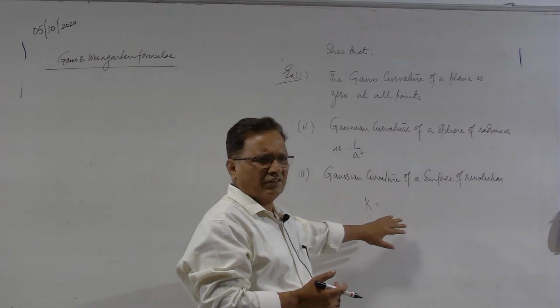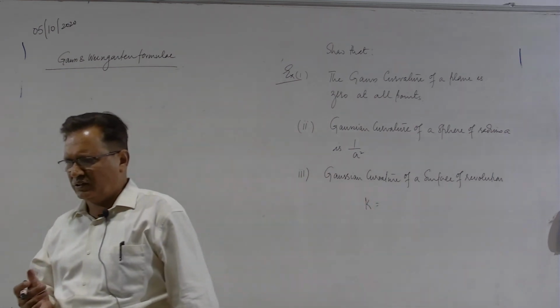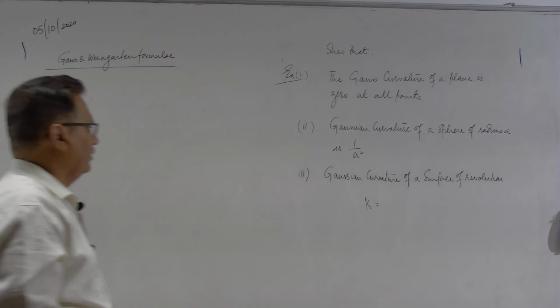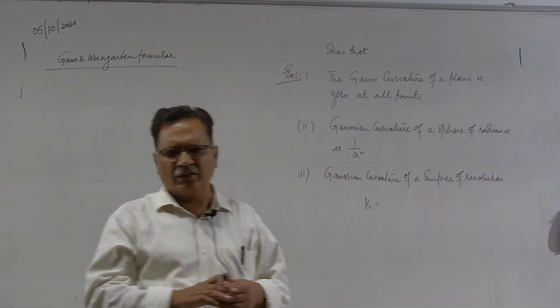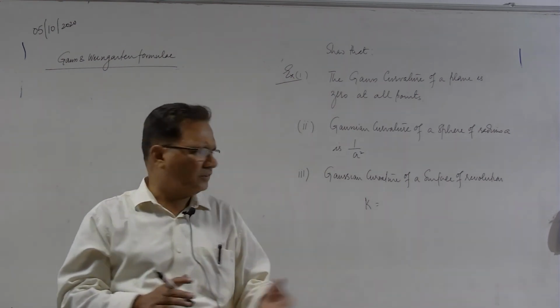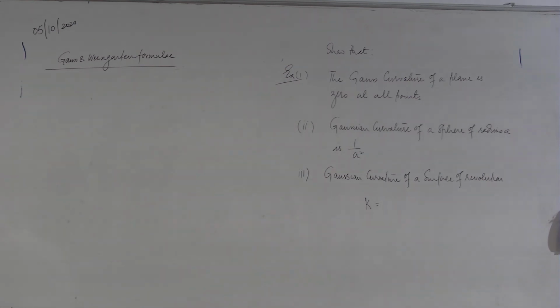I do not think I should work it out. I have done some problems last time, so I stopped. Yes, we have done problems on the computation of B and computation of G. So, this is not new. Okay, let me come to the Gauss and Weingarten formulae.